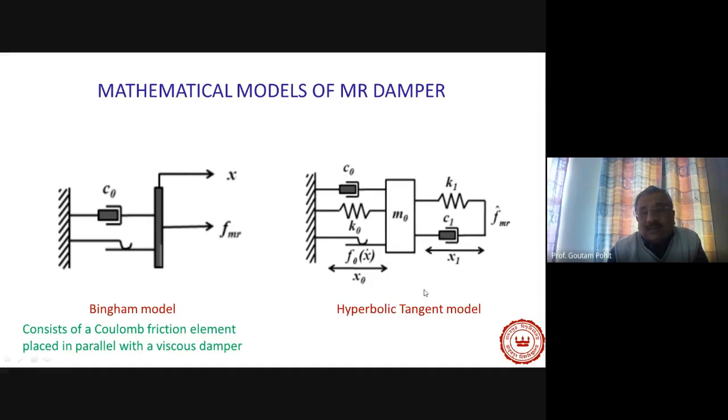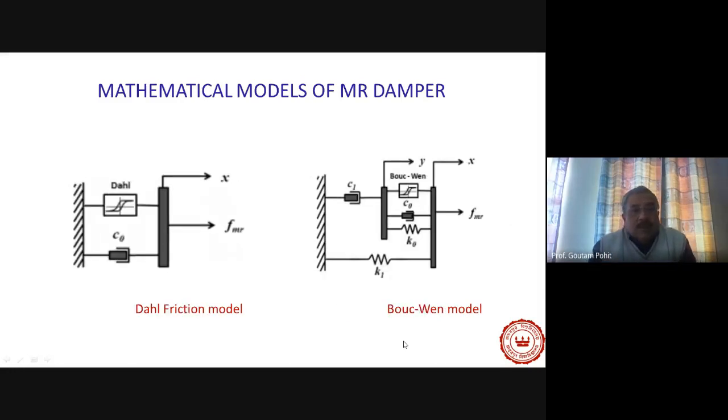Then there is a slightly more complicated model, the hyperbolic tangent model, where you find a viscous damper, a Coulomb damper, and a spring they have added. In this case also they have added some viscous damping and a spring, and they try to match the response of this model with the experimental data. Then there is the dual friction model, and lastly we have the Bouc-Wen model.